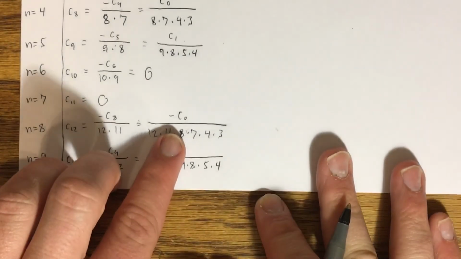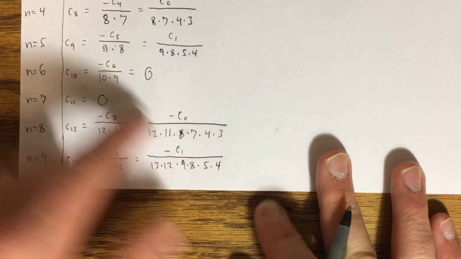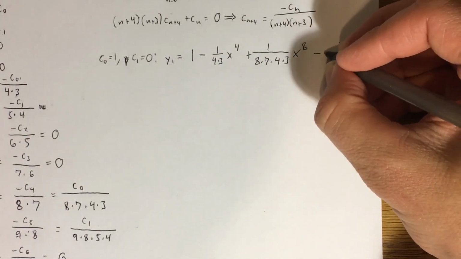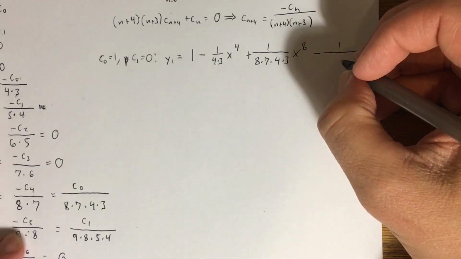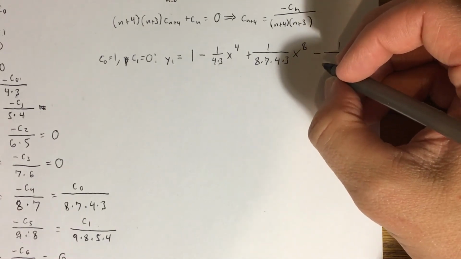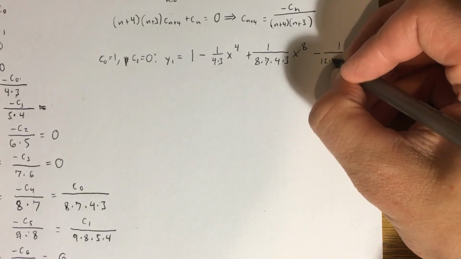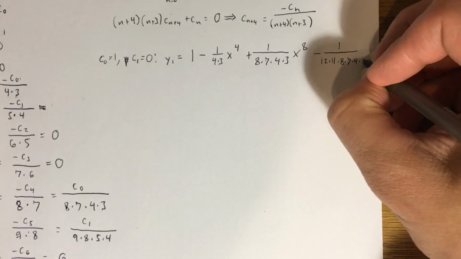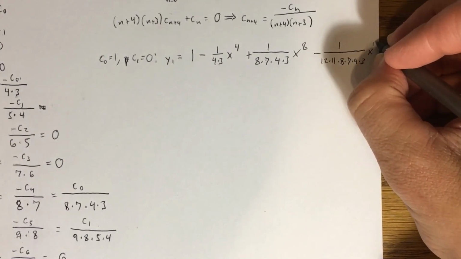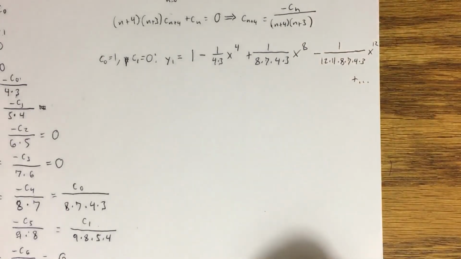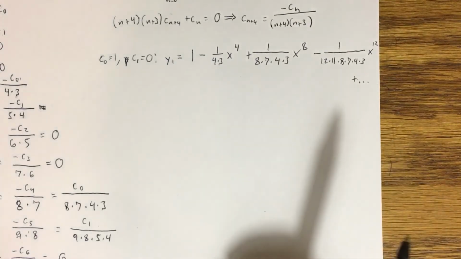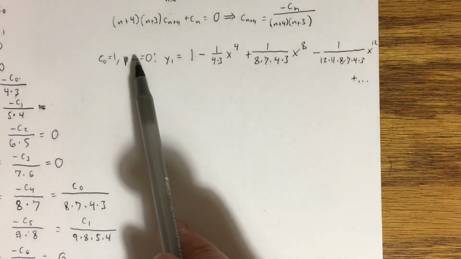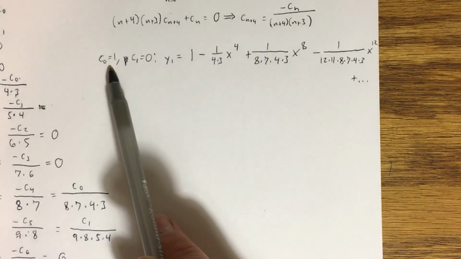And then I have one more C0 term showing up way down here. Plugging a 1 in for that is going to give me minus 1 over 12 times 11 times 8 times 7 times 4 times 3 x to the 12th plus dot dot dot. Okay, so that's one solution to this DE, and I did it by putting a 0 in for C1 and a 1 in for C0.